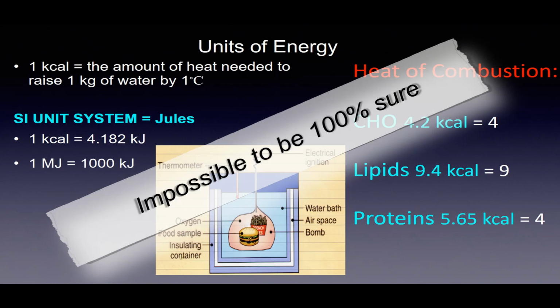So we might have 2 exact pieces of chicken breast which weigh 100 grams, and their calorie output may differ by 5, 10, 15 calories. So it is impossible to be 100% sure. However, of course, it's always useful if we're going to talk about tracking, which we will do a little bit later.